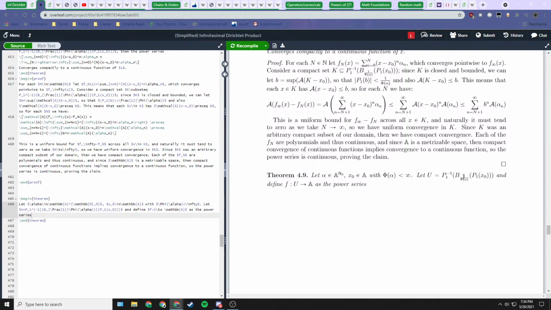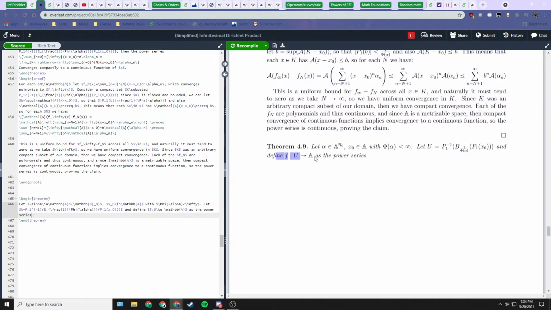U is our open pre-projected cylinder set, and we define f, which maps u to A, as the power series f of x equals the summation across all n of x minus x0 to the power n times alpha sub n.